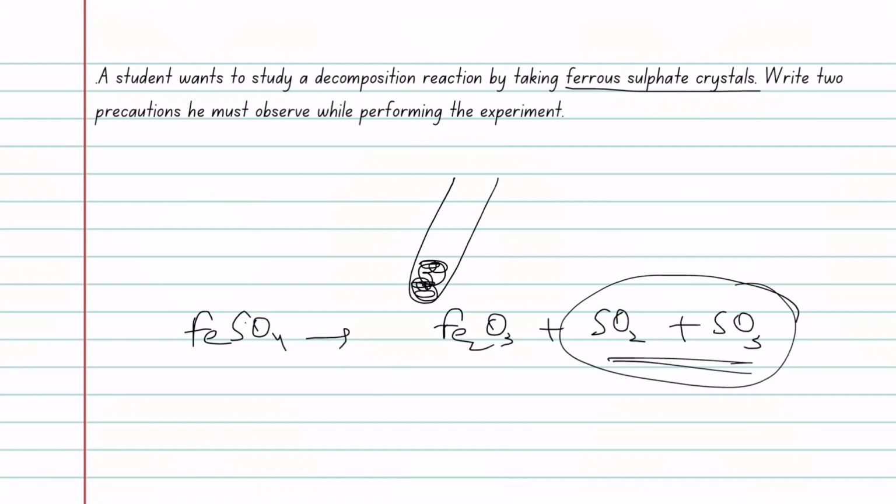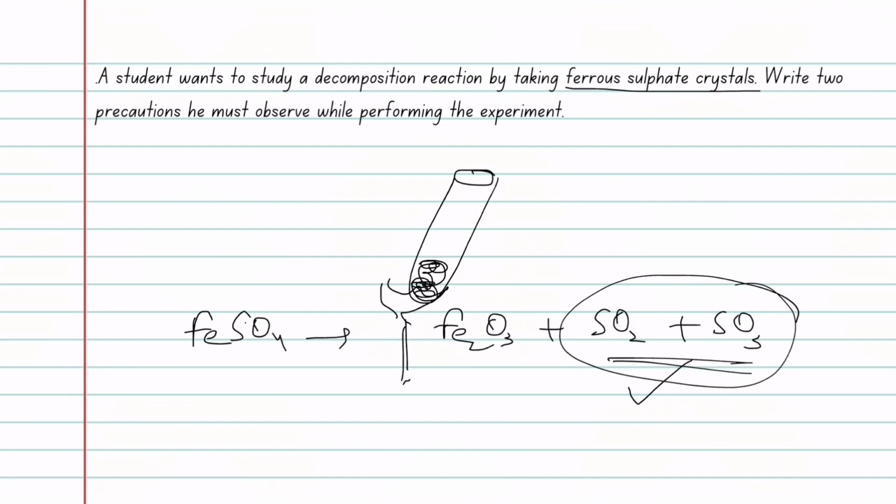So the main precaution that we have to take here is that the test tube, while heating on Bunsen burner, must not be facing towards anybody's face. It should be facing away from your face and away from other people's face, because you would not want to inhale these gases by mistake, right? So the test tube should be facing away from your face.